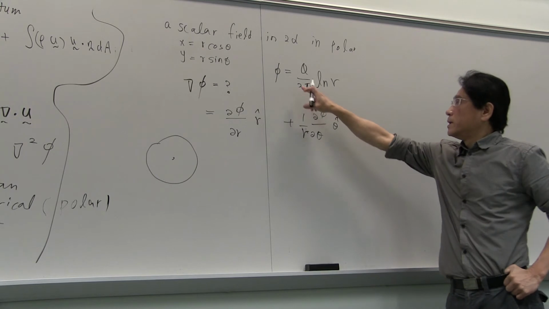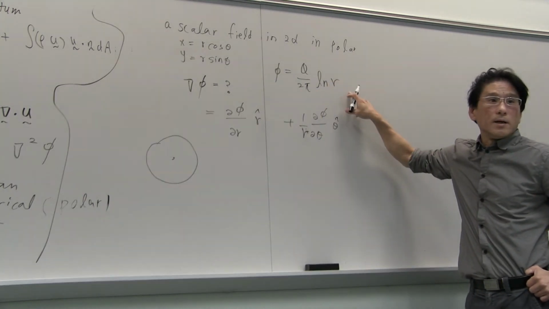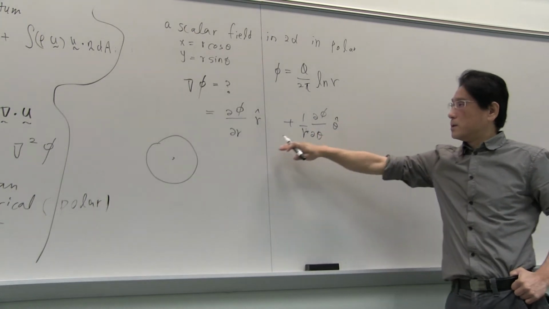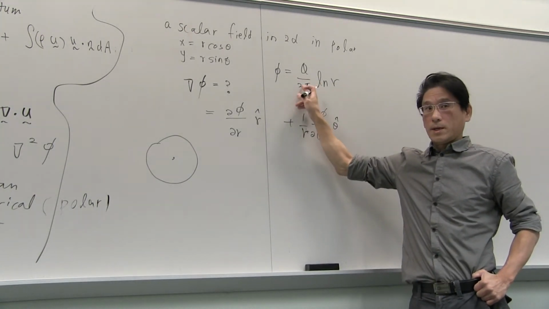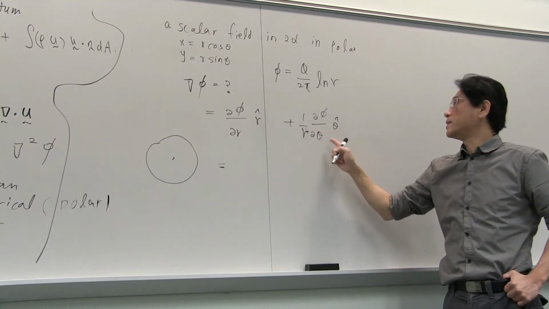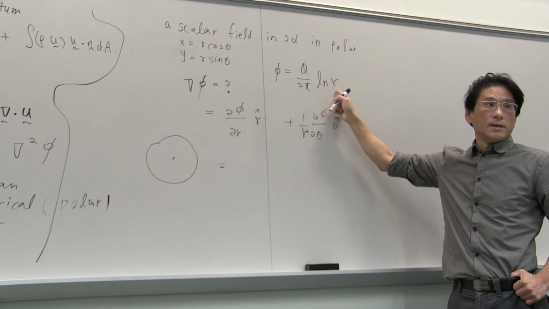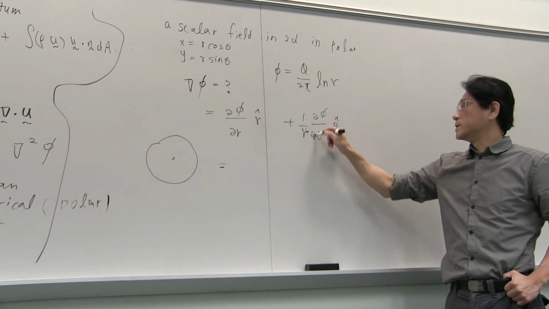Now q is constant, so p is only a function of r. Then you plug that in here and figure out what dp dr and dp d theta are. If you differentiate p with respect to theta, it's 0 because there is no theta dependence.